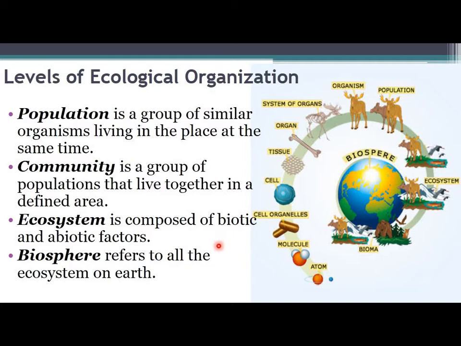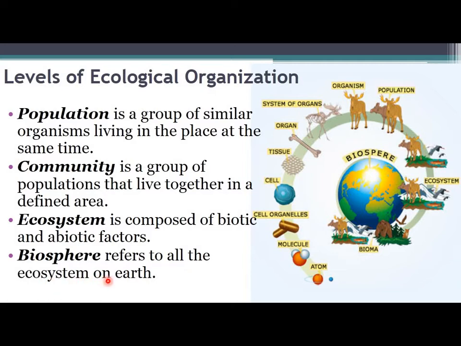Ibig sabihin, ito yung mga lugar na kung saan tinitirhan ng mga iba't ibang organism. At the same time, dito rin natin makikita yung mga specific lamang na mga organism diyan sa mga ecosystems na yan. And then, last is biosphere, which refers to all ecosystem on Earth.